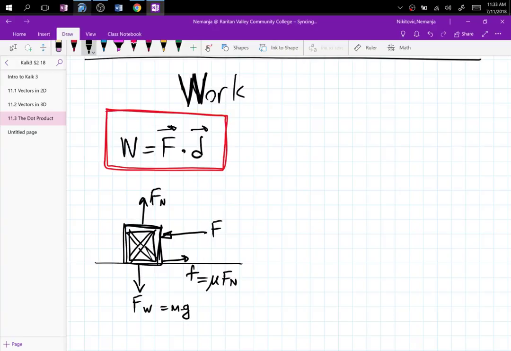Now, if I push the object like this, which is what mostly happens, if you look at my vector over here of the force that I'm pushing with, clearly it has two components. A component that is going downward and a component that is going forward. Each of those components individually is weaker than the length here.